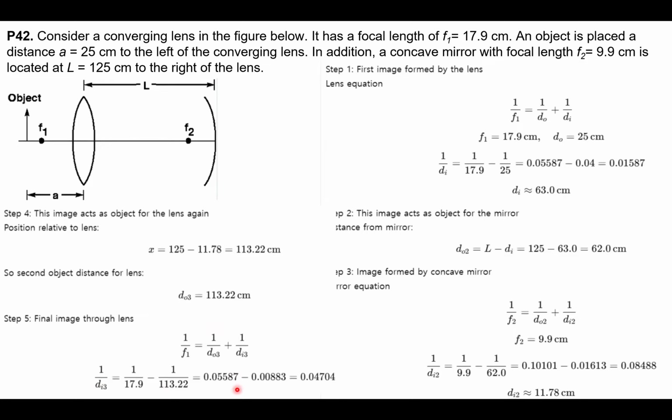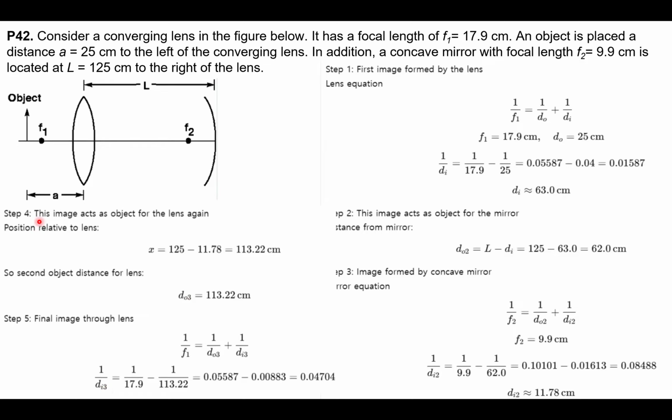So there are several steps. The image formed by the concave mirror, we have this one, and this position is relative to the lens. Then you have these subtractions, and this serves as a second object for the lens. This is the DO3, and then you get the DI3.